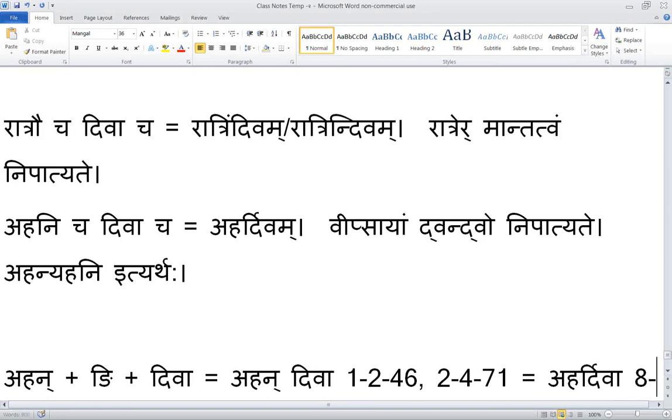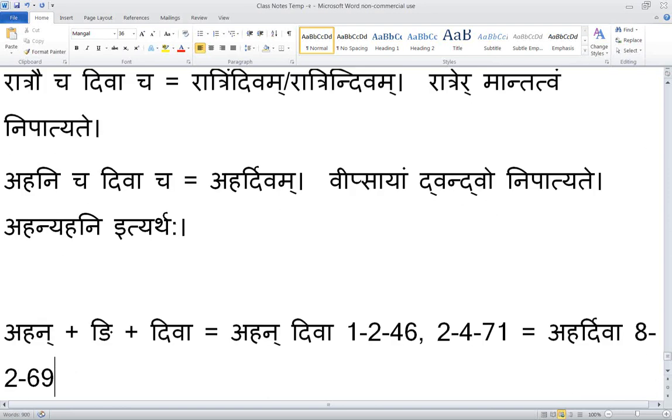Now, 8.2.69 and the Padamanjari. By the way, the same thing holds between the Nyasa and Padamanjari, not to spend too much time in the class. Nyasa is the very old first commentary that we have today on the Kashika. It's a very fantastic commentary, very simple, very straightforward, very nice. But the Padamanjari is more authoritative, because Padamanjari is basically an edited, corrected, revised version of Nyasa.